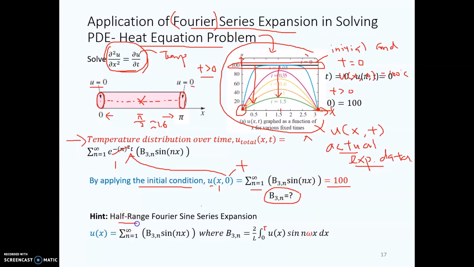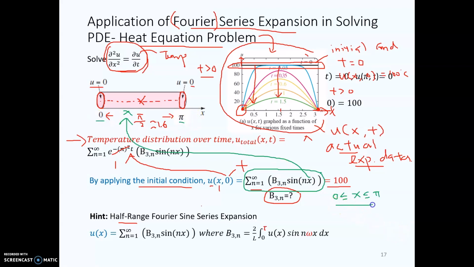You have learned the half-range Fourier sine series expansion, half-range Fourier cosine series expansion, as well as the full-range Fourier series expansion. If you look at this component, with the summation of the sine term here, and the x value is given within a finite interval, which is from 0 to pi here.